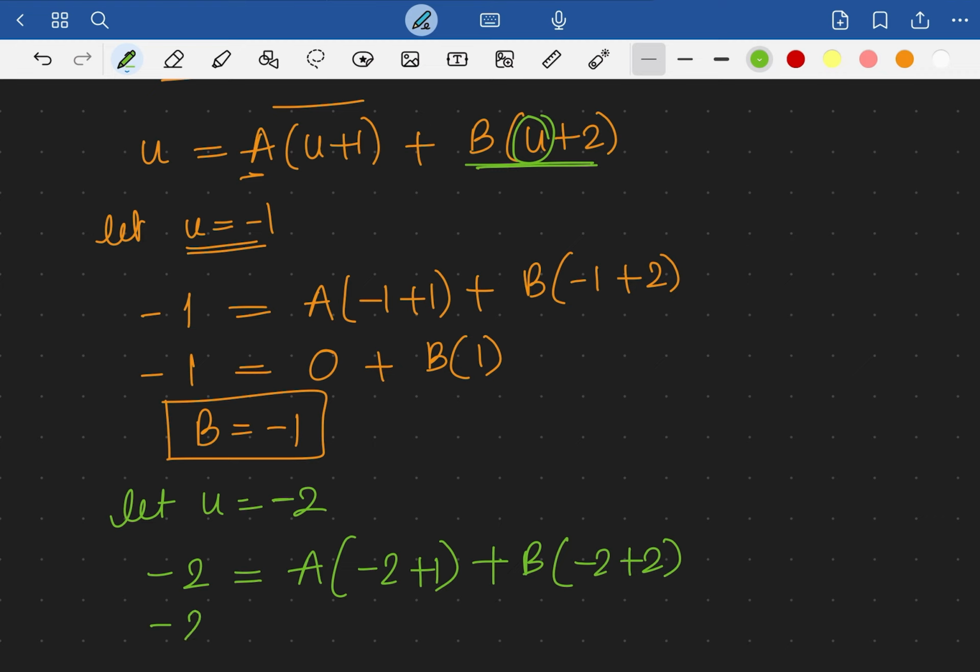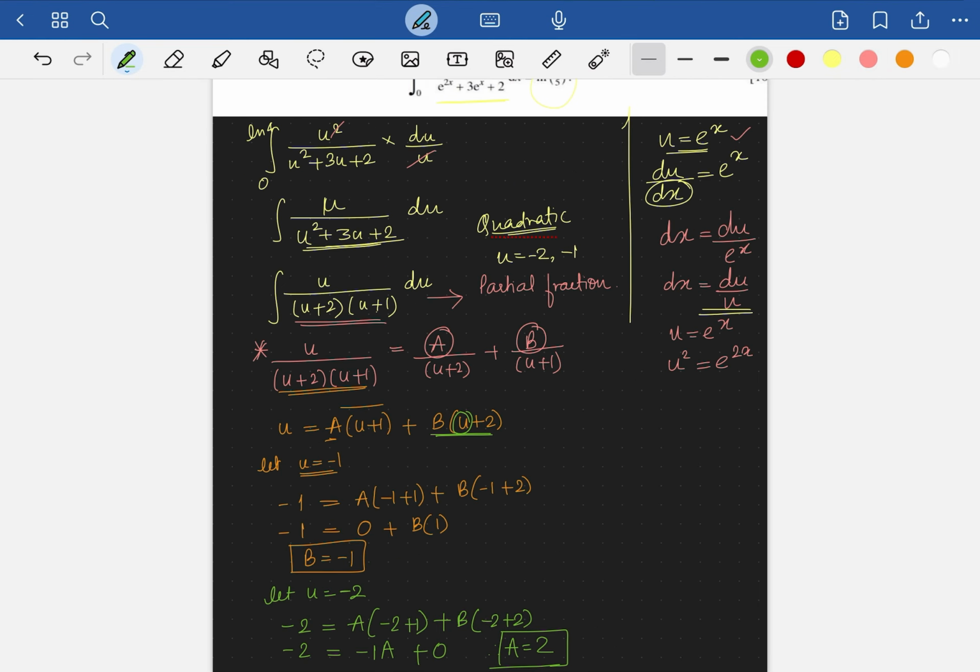Therefore, this will become minus 2 is equal to minus 1a plus 0. Therefore, the value of a will be 2. Got it? Now I can use these values of a and b in this equation, and then I can integrate this.